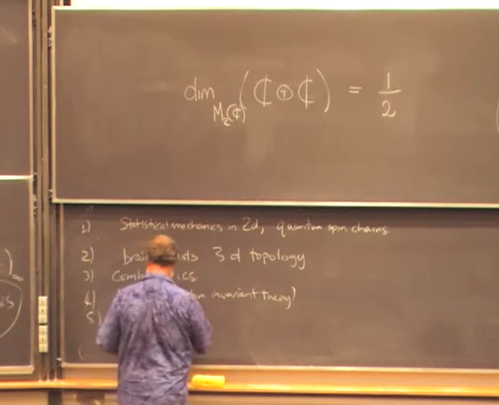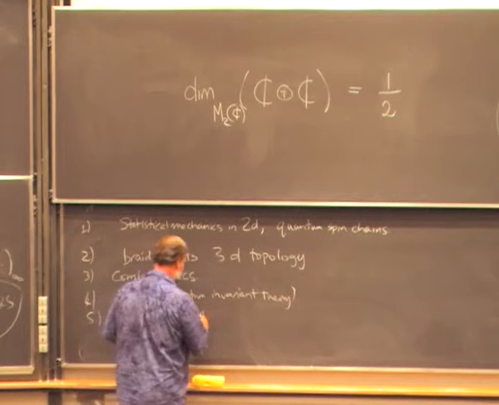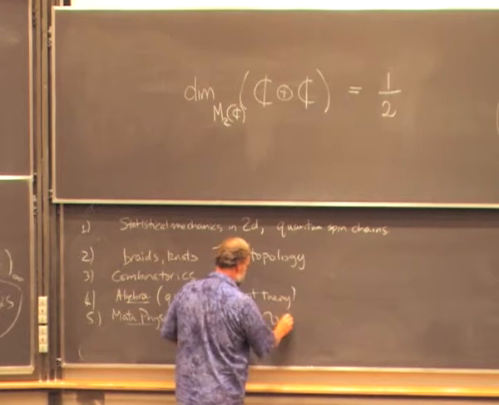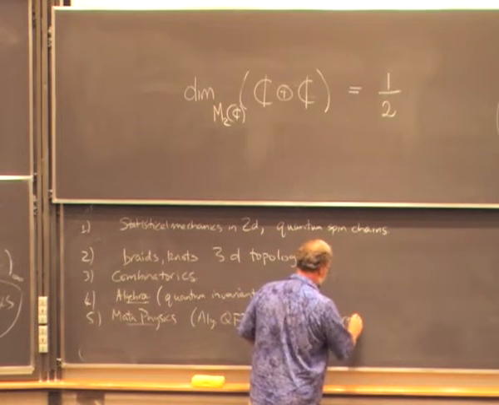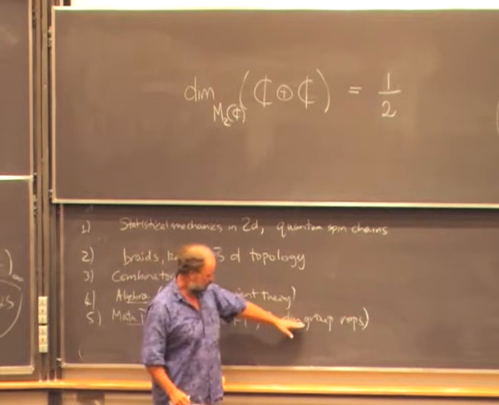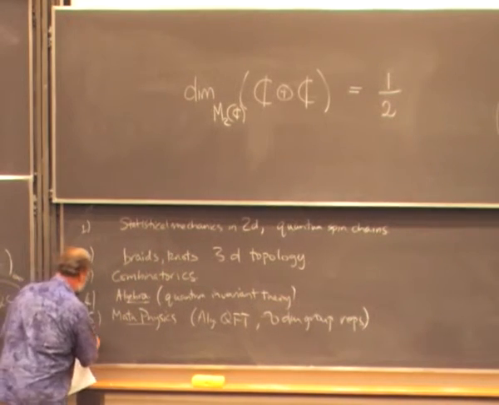And here the general world will be sort of algebraic quantum field theory, in infinite dimensional group representations. The adjective infinite dimensional actually refers to the group. 6 will be finite groups.